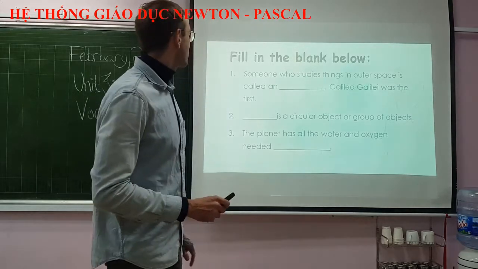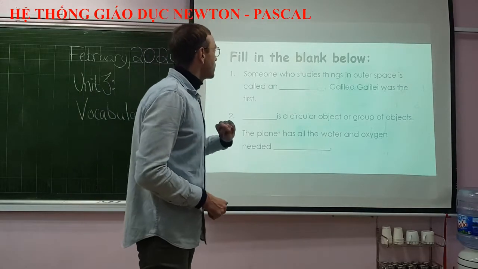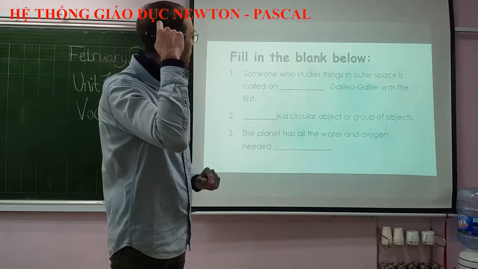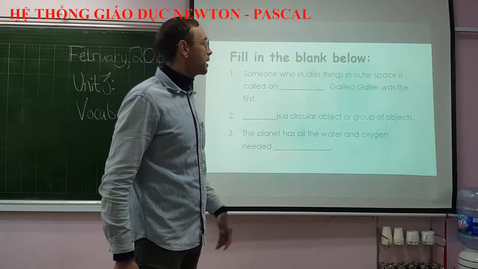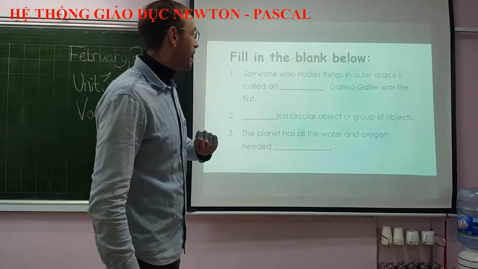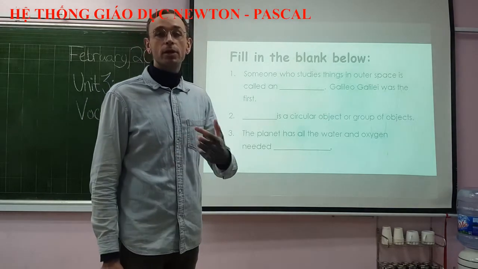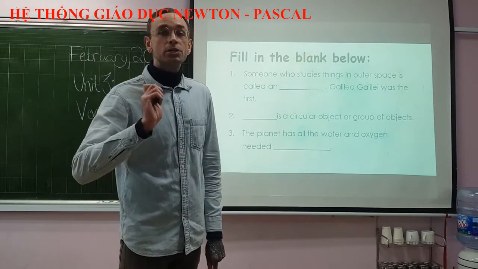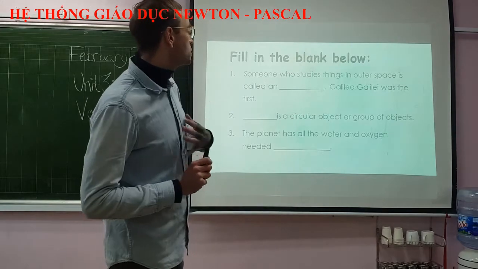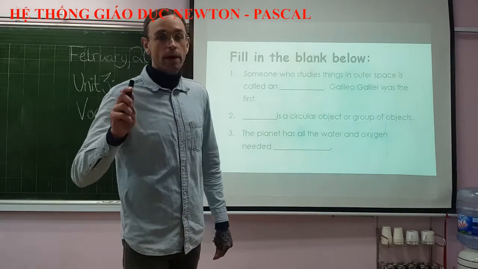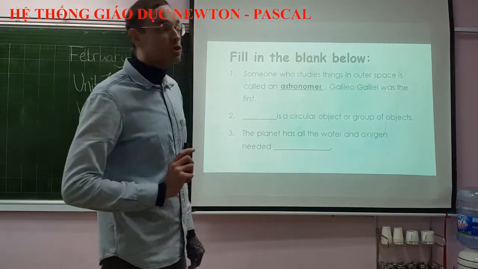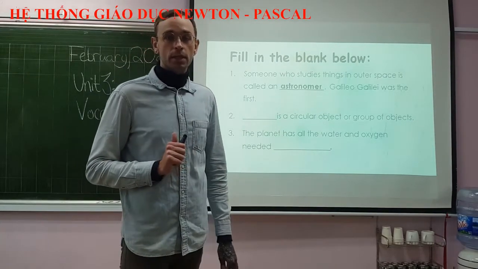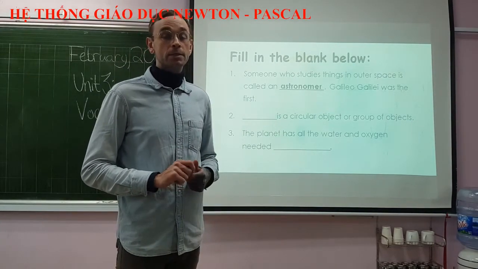Okay, let's go. Number 1, someone who studies things in outer space is called an blank. Galileo Galilei was the first. All right, so who is someone who studies things in outer space? Well, an astronomer is someone who studies things in outer space.